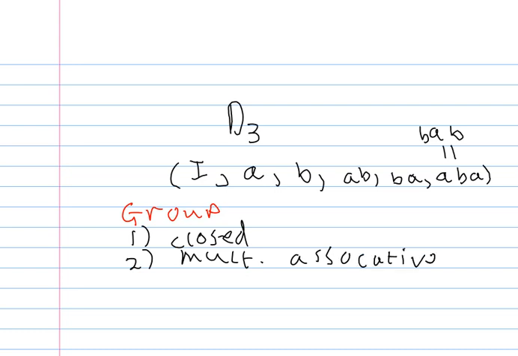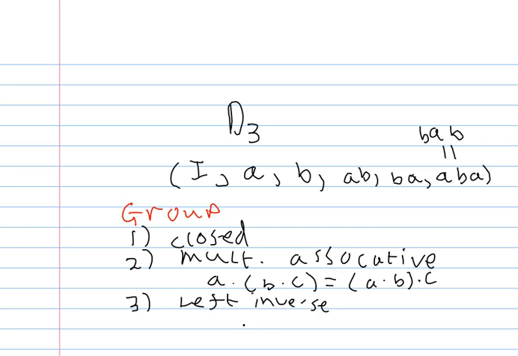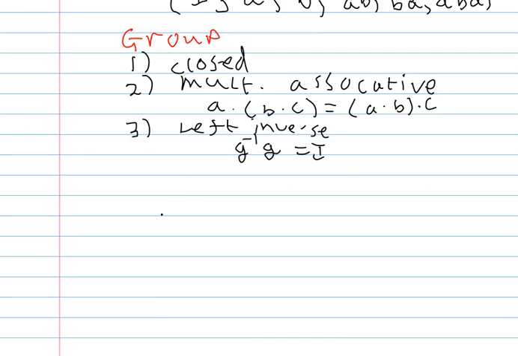My spelling is probably wrong, but associative means that A times B times C is equal to A times B times C, bracketed either way. It also must have a left inverse, which means that for every element G there's an element G to the minus 1, so that G^-1 G is equal to the identity element, and it also must have an identity element, or actually it only needs to have a left identity, and I'll explain this in a minute.